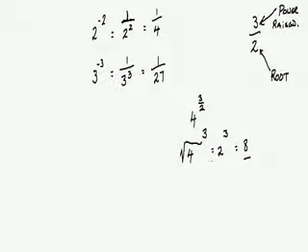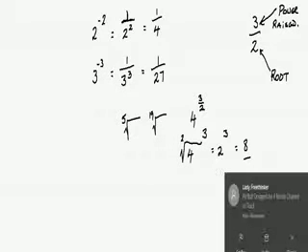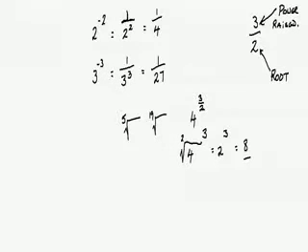Now, if we just write a root sign like this, this is automatically a square root. We don't write the 2 outside, okay? But you can have the 5th root, okay? You can have the 19th root, okay?